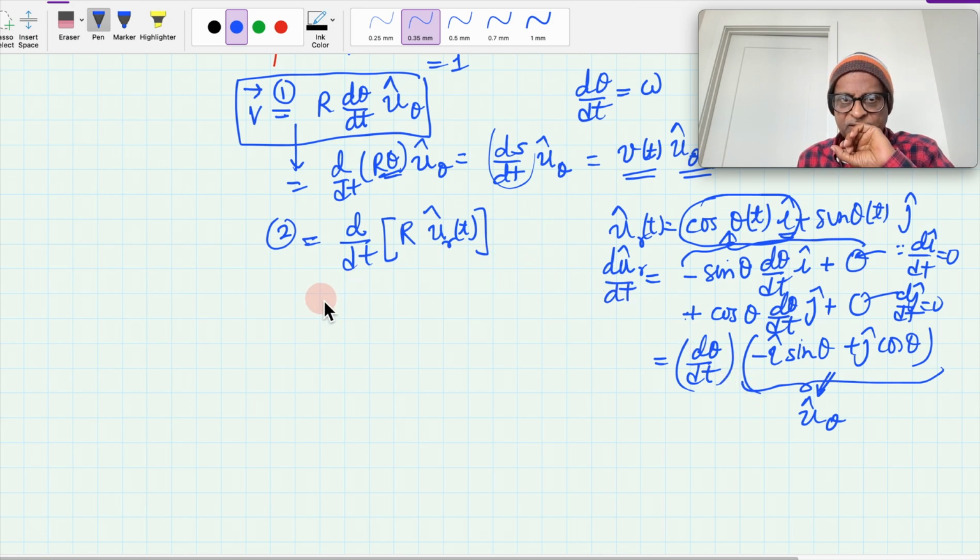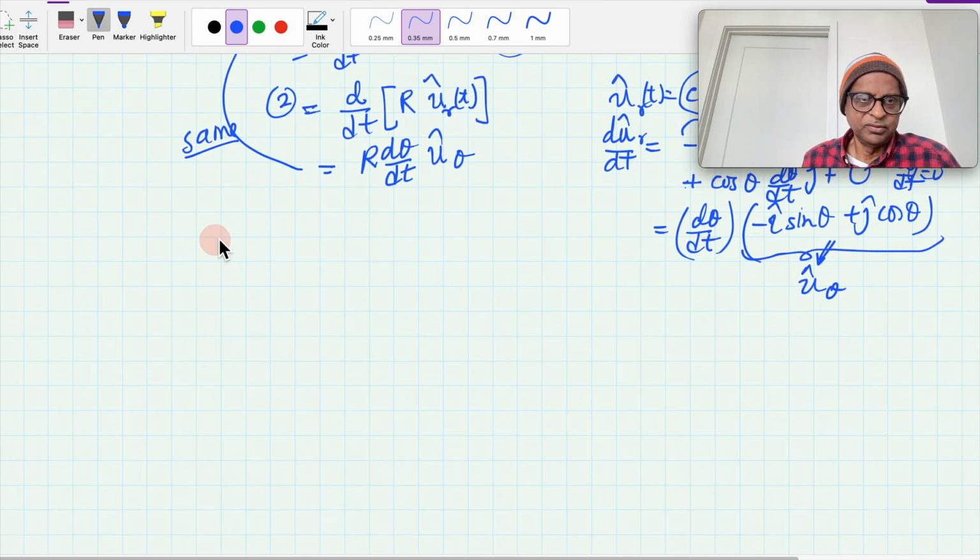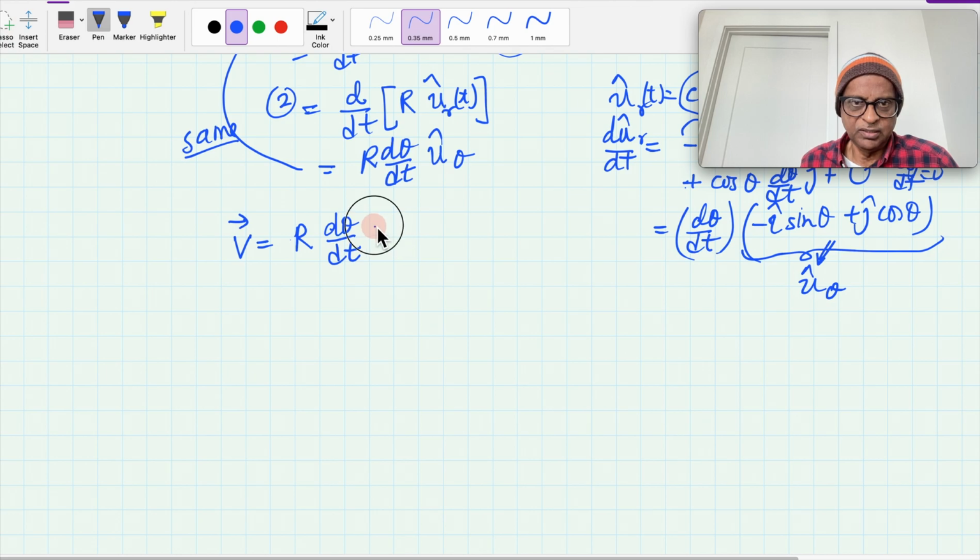So putting that in, this just turns out to be r times d theta dt u hat theta, which is the same. All right, so now we have a velocity vector which looks like r d theta dt u hat theta, which is the same as speed times u hat theta.